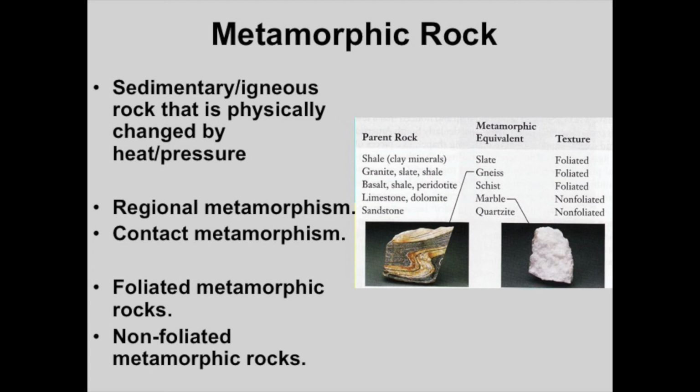This will result in the metamorphic process, in this case contact metamorphism. As a result, there are two classes of metamorphic rock types, foliated and non-foliated. And generally, when we describe something as being foliated or non-foliated, we're describing the texture of the rock material.